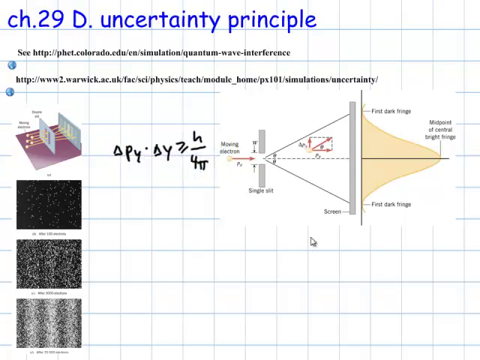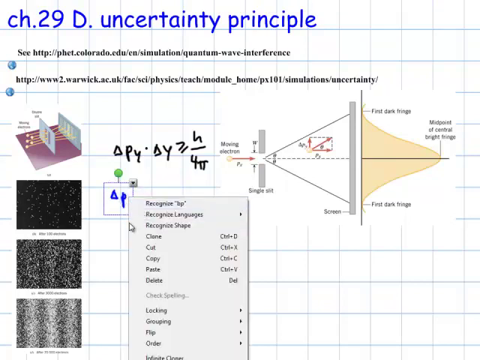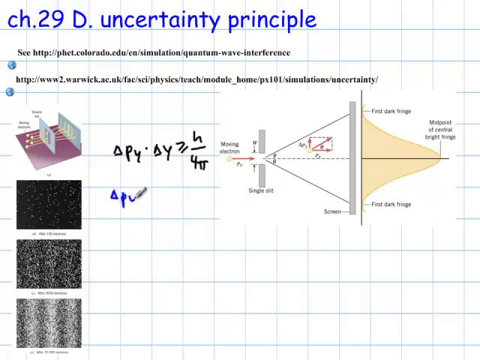As I said a moment ago, for the uncertainty in the y position, we're using the width of the slit. I personally don't like the capital W because it looks like work to me, but they're using capital W here for the width of the slit.